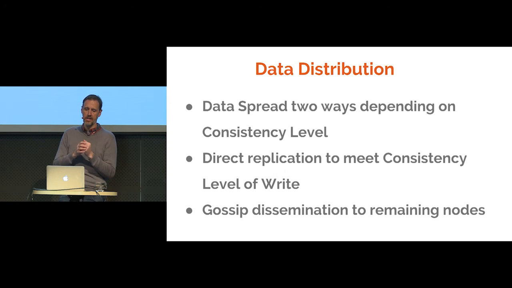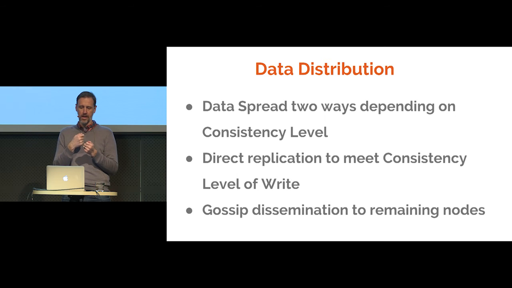If I say write to n, that'll actually force the direct replication out to n nodes. Write to majority will force a replication out to the majority of nodes. So the way the data gets distributed is affected by those consistency levels. I'm controlling how the data is being disseminated across the network.